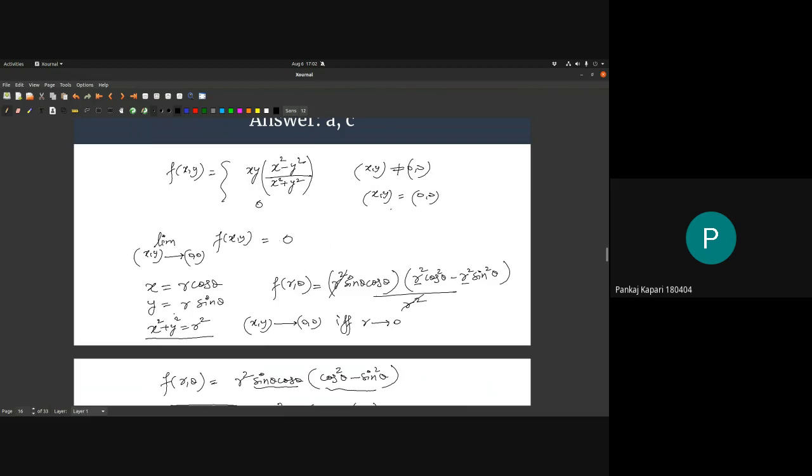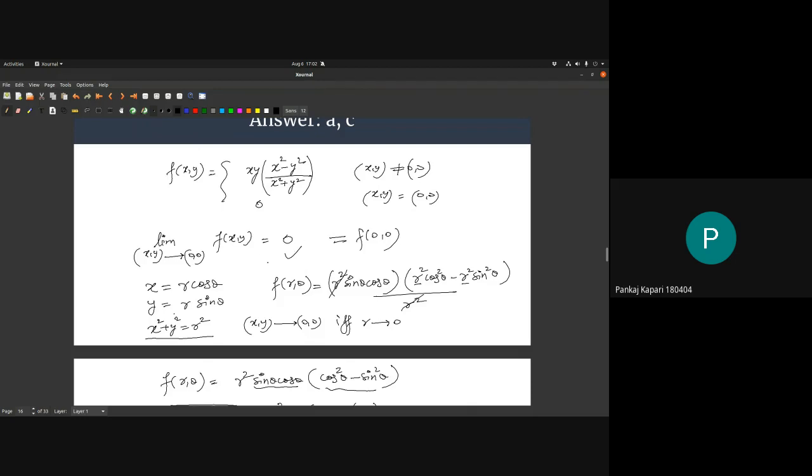Okay, now notice what is the value of the function at origin. What is f of 0 comma 0, right? f of 0 comma 0 is equal to 0. Okay, so when the limit of a function at a particular point exists and it is equal to the value of that function at that point, then we say that the function is continuous at that point.